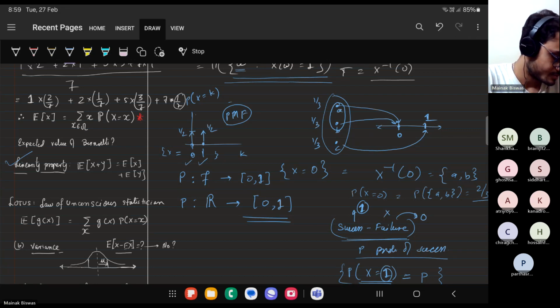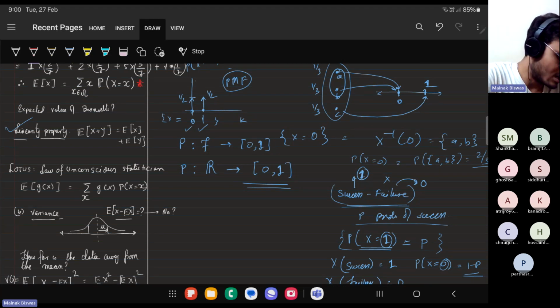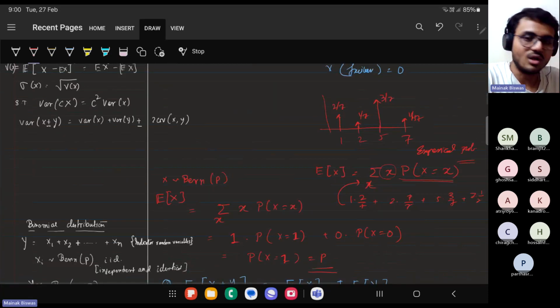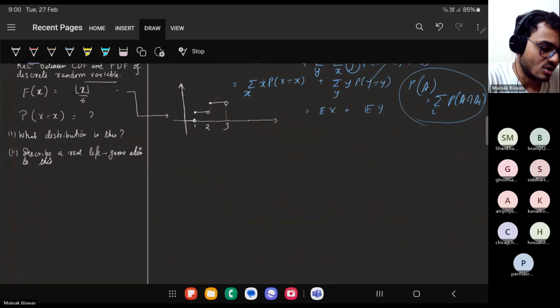Okay. And the second thing is known as LOTUS, or the law of the unconscious statistician. When someone falls unconscious, they write laws like this, and therefore it's named the law of the unconscious statistician. What does it say?